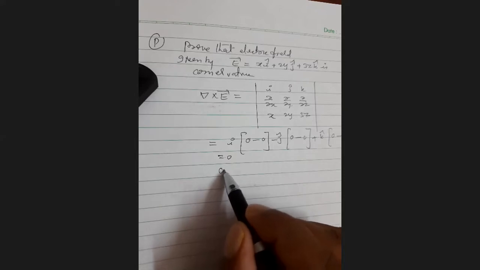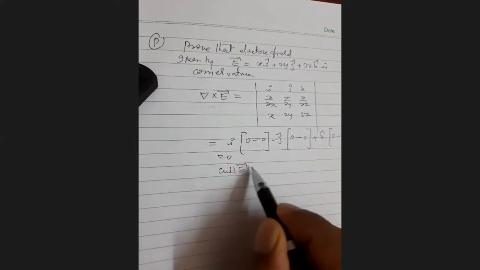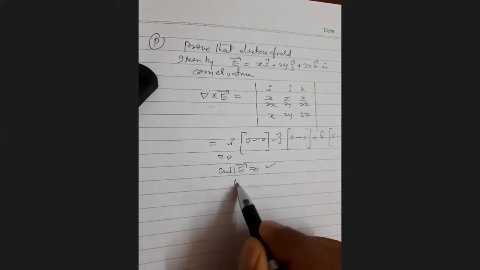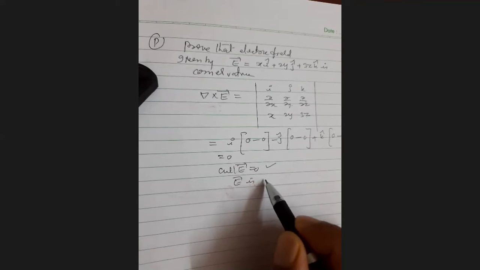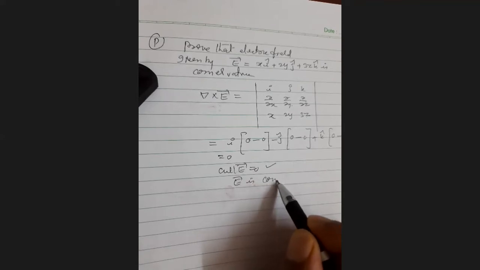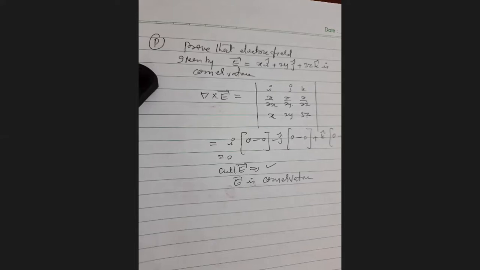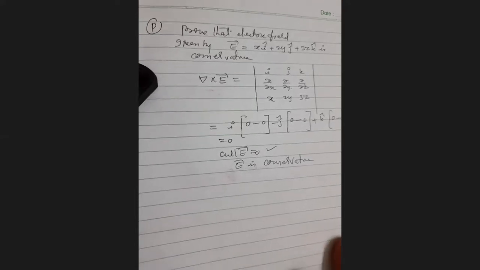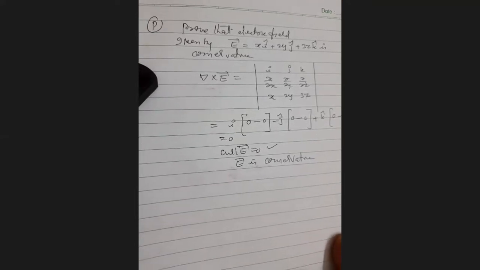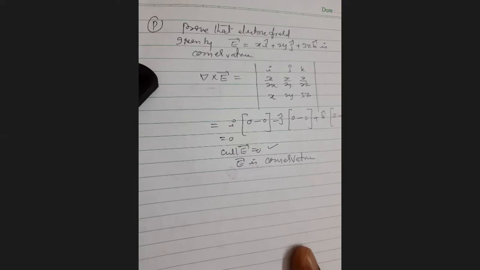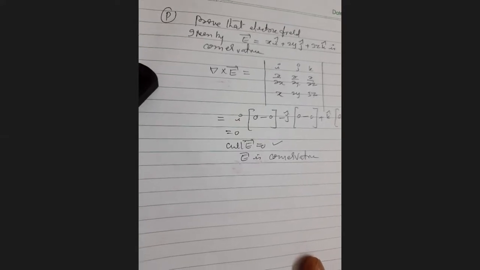Since curl E bar equals 0, E bar is said to be conservative. E bar is a conservative field. This is the condition: if A bar is a vector and its curl value equals 0, then that vector A bar is said to be a conservative field.